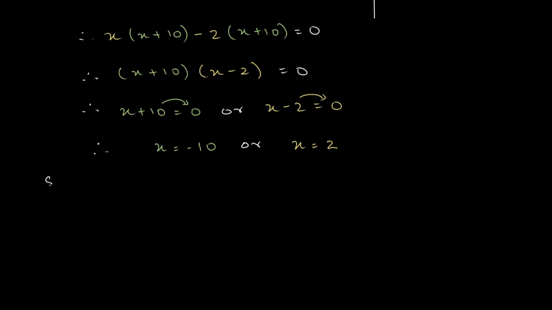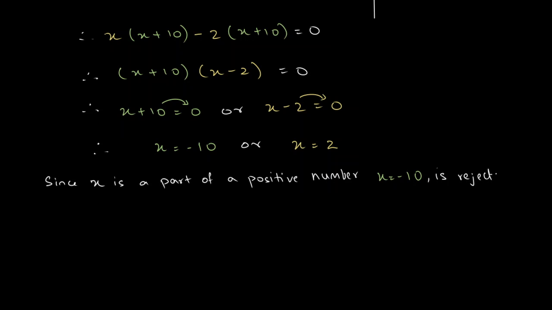Since x is a part of a positive number, x is equal to minus 10 is rejected. We can't use the value of x. So the required value of x is equal to 2.